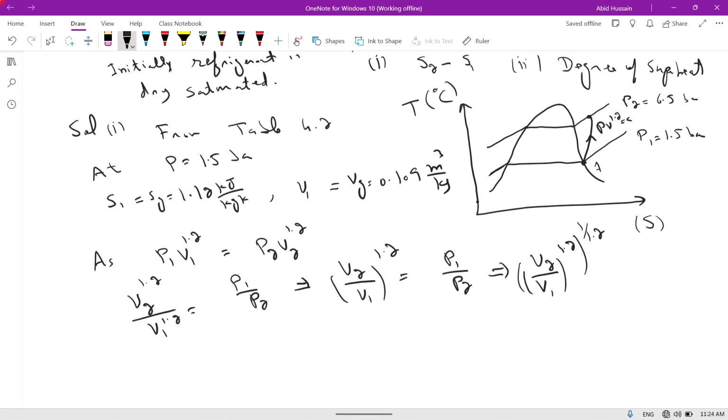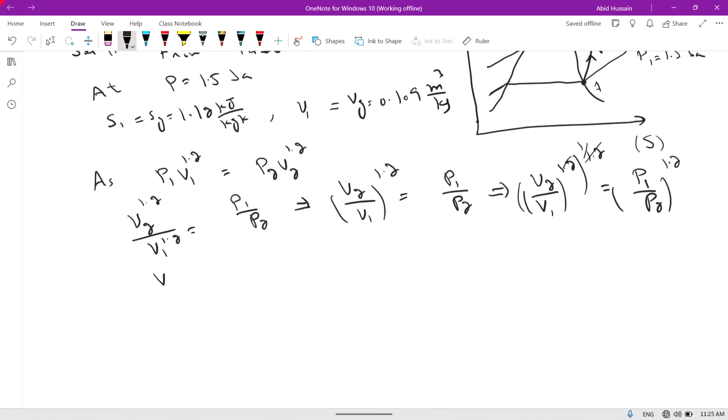The 1.2 cancels, so V2 is equal to V1 into (P1 divided by P2) to the power 1 divided by 1.2.